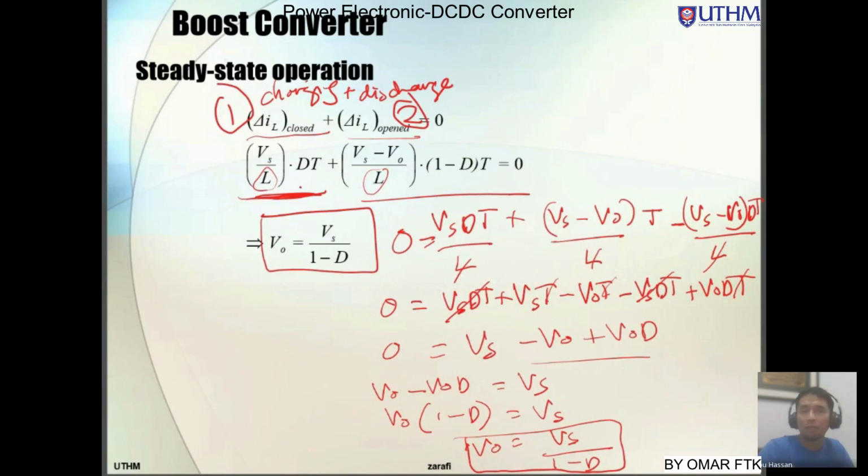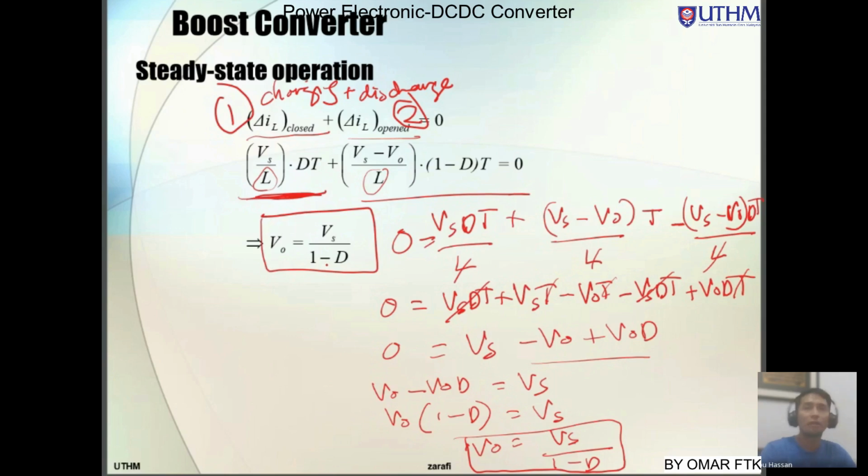If we combine both and rearrange, we get V out equal to Vs over 1 minus D. That means the maximum duty cycle is 1, but we cannot go to 1, because 1 minus 1 is equal to 0, and Vs over 0 is infinity.